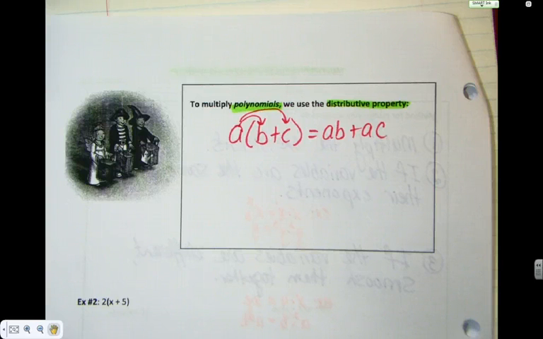Not like anything at the beginning, but once you get to learn it. It's called the distributive property. What we've done with the a is given it to everything in brackets.